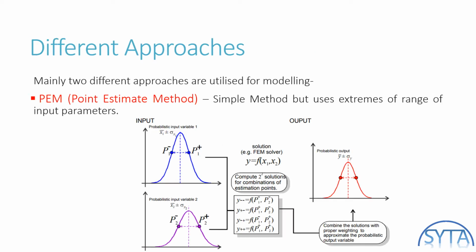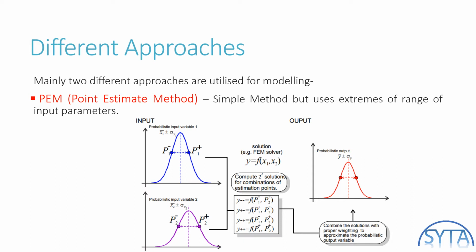So out of the probabilistic approaches, we have a few very commonly used approaches, namely the point estimate method, which is a very commonly used method, but it generally uses the extremes of the range of input parameters.